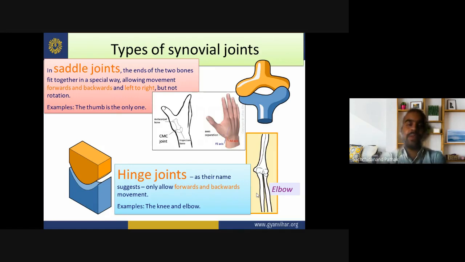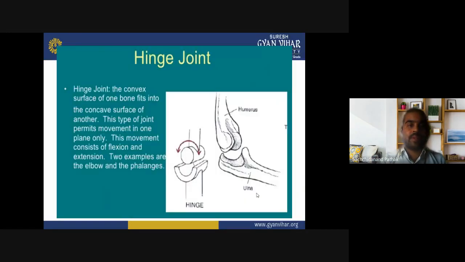Like a laptop: it can be opened in only one direction and then closed, open and closed. So a laptop joint is also called a hinge joint. In a hinge joint, the convex surface of one bone fits into the concave surface of another.